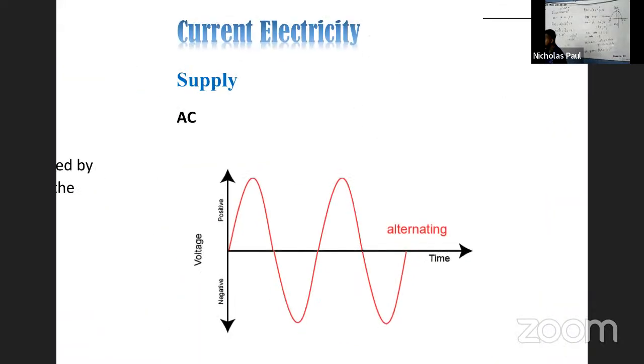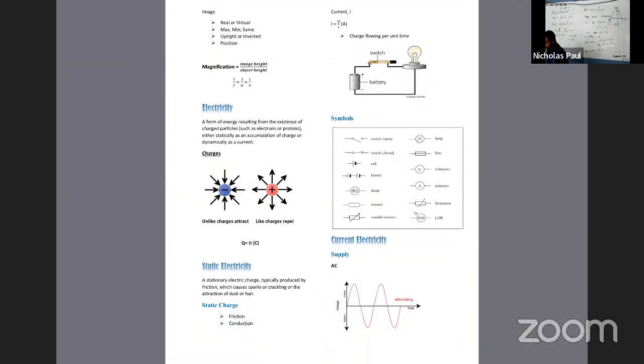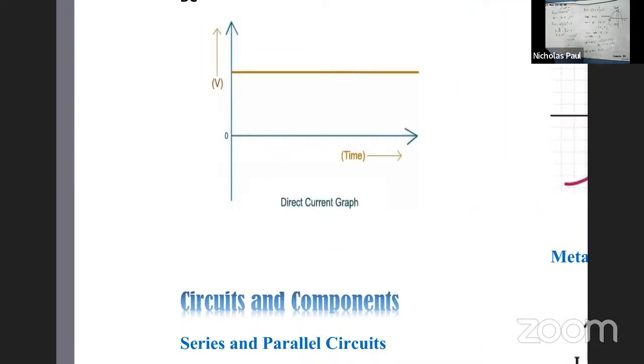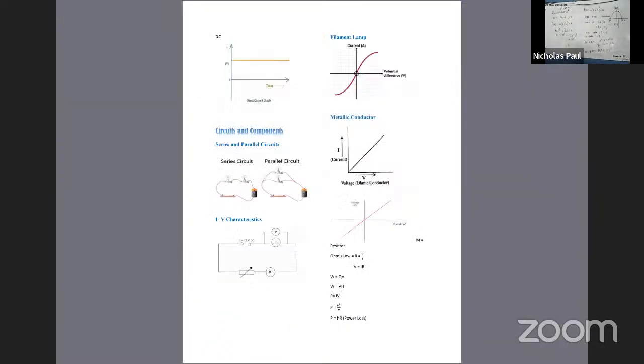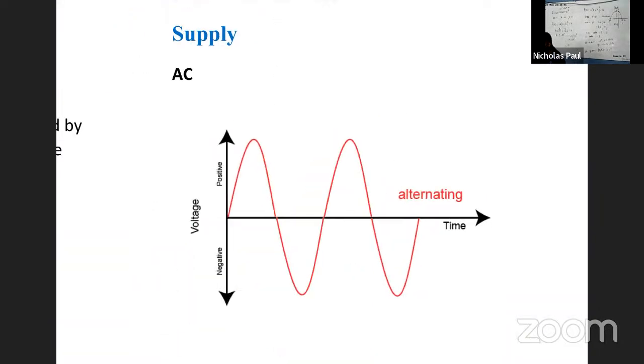Next, you have two types of supply. You have an alternating supply and a direct supply. What's the difference between an alternating and a direct? In an alternating supply, the current is always changing direction, and the values also vary.